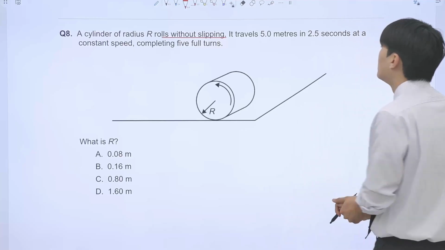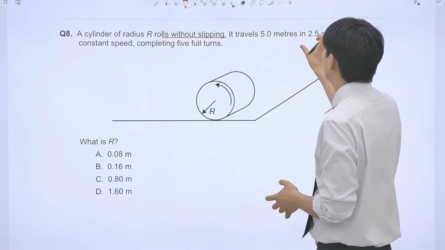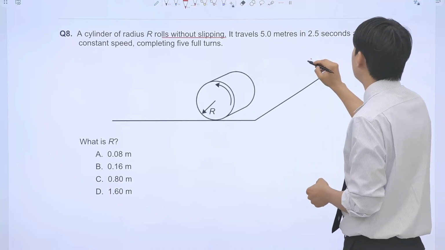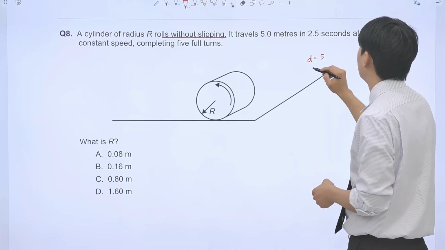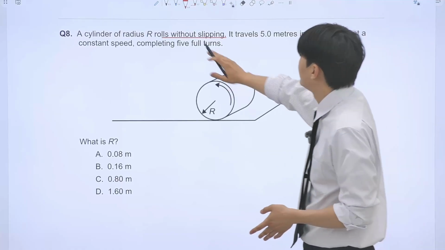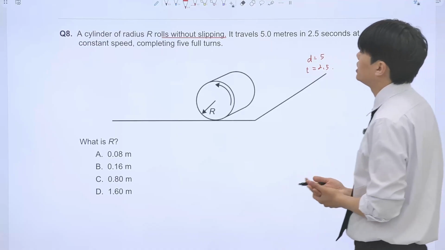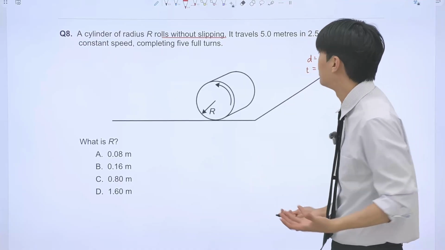Let's review the conditions they have. They say it travels 5 meters in 2.5 seconds. So the distance it travels is 5 meters, and the time it takes is 2.5 seconds. And they said it completes 5 turns. What's the hint?